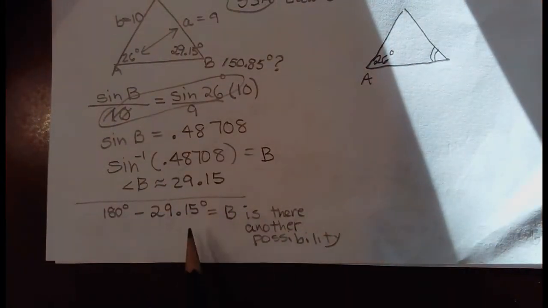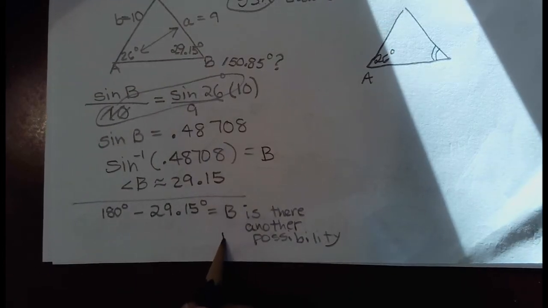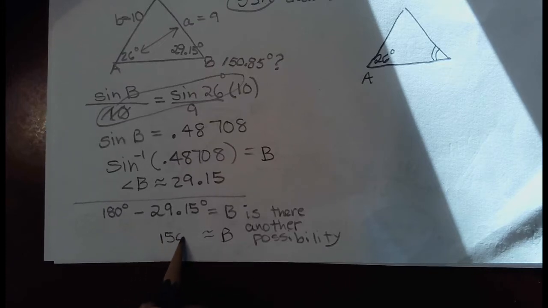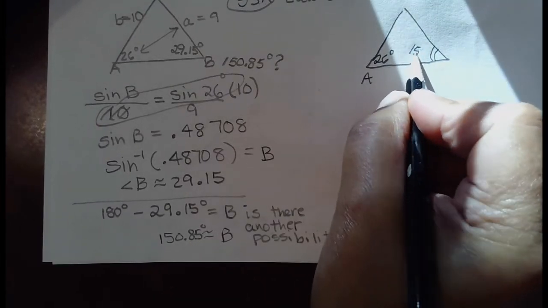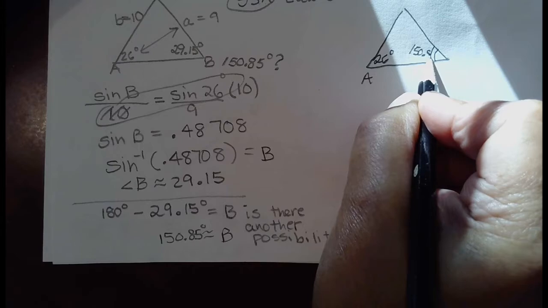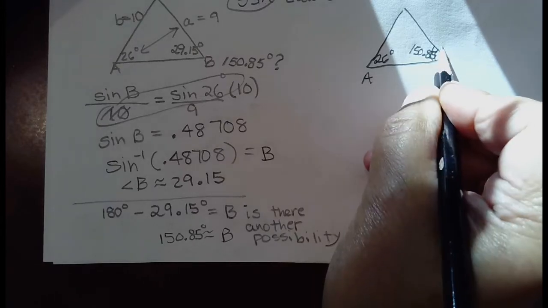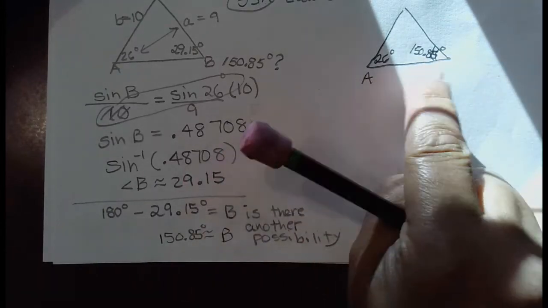So in our other triangle that we're going to draw, this will be 150.85. We already figured out that that is a possibility because those two angles don't throw you over the 180 degree limit. So two different possibilities for angle B, 29.15 and all of the answers associated with that.